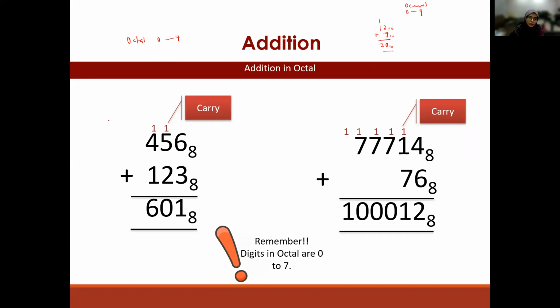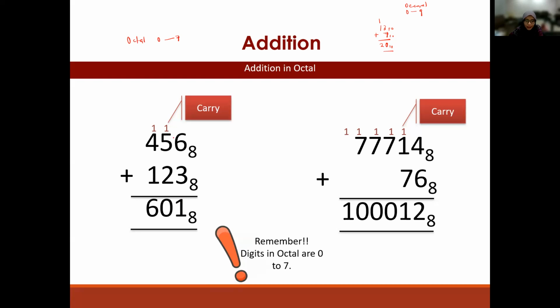Okay, so let's start with this. 6 plus 3 equal to 9. 9 is actually more than 7, so you need to subtract the base. 9 minus 8 equal to 1.